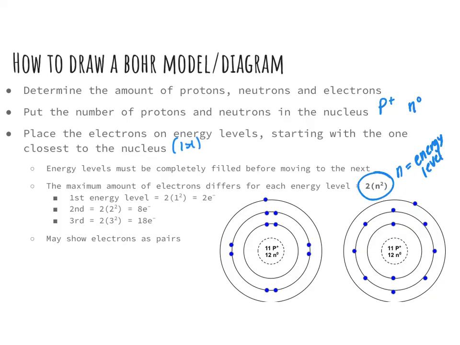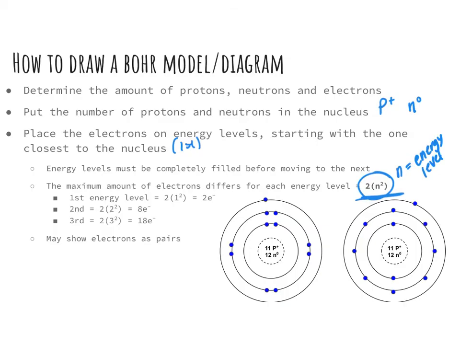The third would be able to hold 18. And as I said, this can go on to about 7 energy levels. So you may have to calculate how many electrons can fit on a particular energy level using the equation 2n squared.